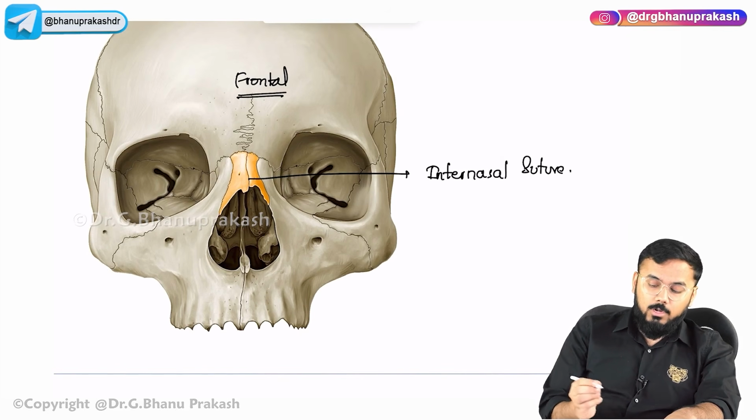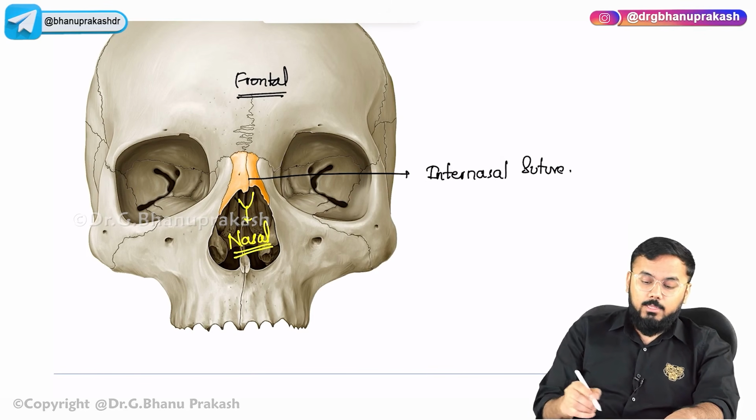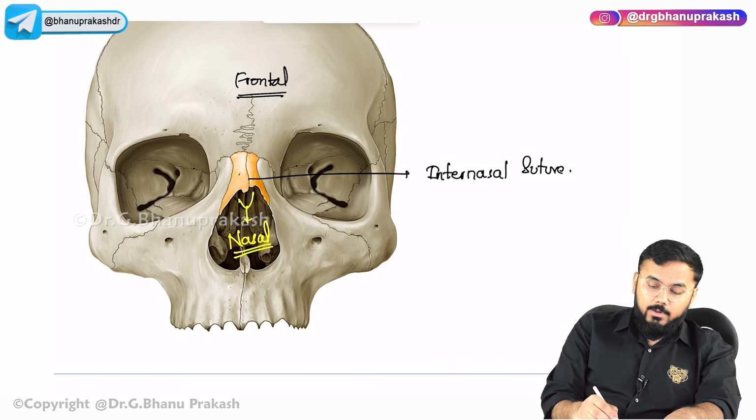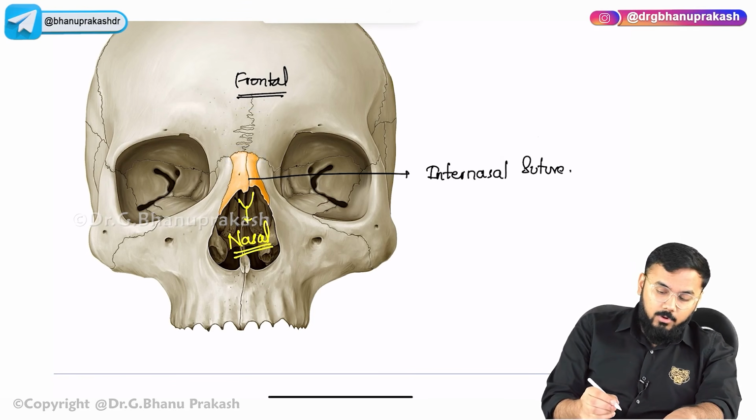Now between the frontal bone and the nasal bone, and by the way, these bones over here, what did I tell you? These are called your nasal bones, right? Between your frontal and your nasal bones, you see a suture over here, so let me draw that suture here.